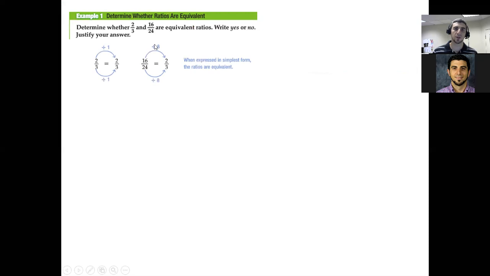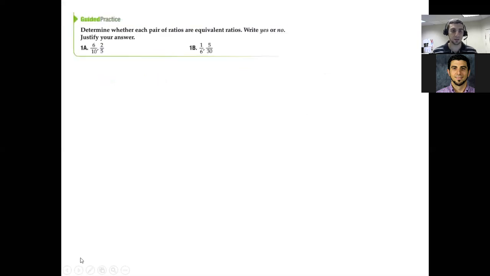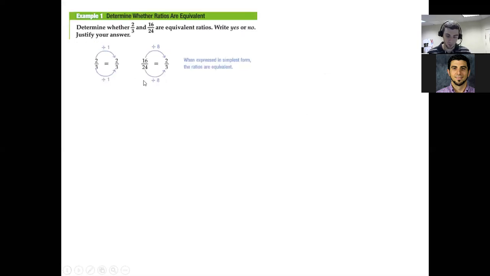Either way you set it up is fine. Can you do the same thing to the denominator and it still is true? Well, 24 divided by 8 is 3. So as long as you divide the numerator and denominator by the same number, or multiply to get the other ratio, and it works out, then you have a proportion. If one of the numbers doesn't work out, then you don't have a proportion, and you would write no. So the answer for this one would be yes.